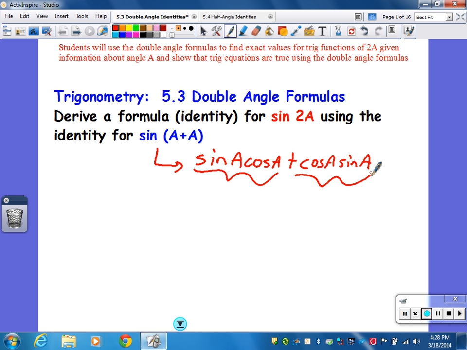So that's going to be 2 sine A cosine A. Thus, we have our double angle, which is going to be equal to sine 2A.